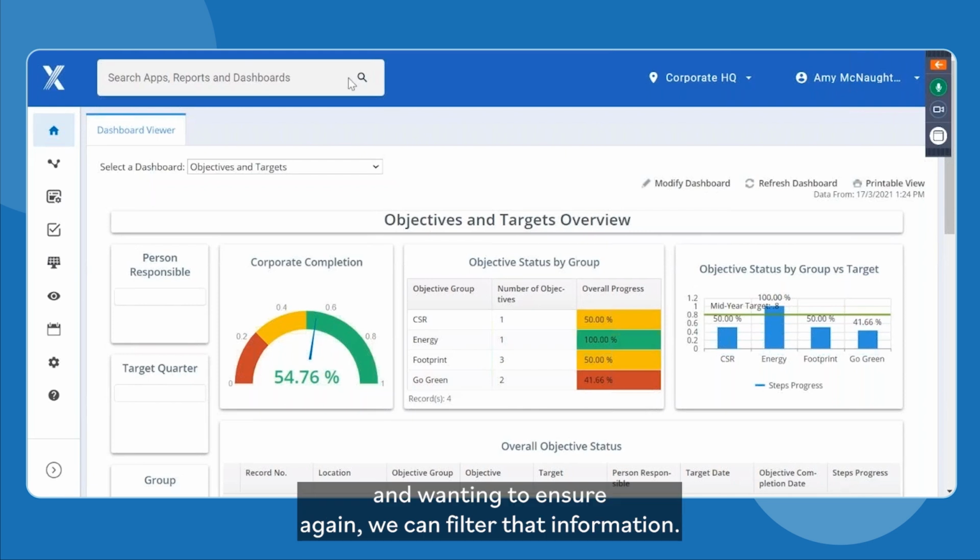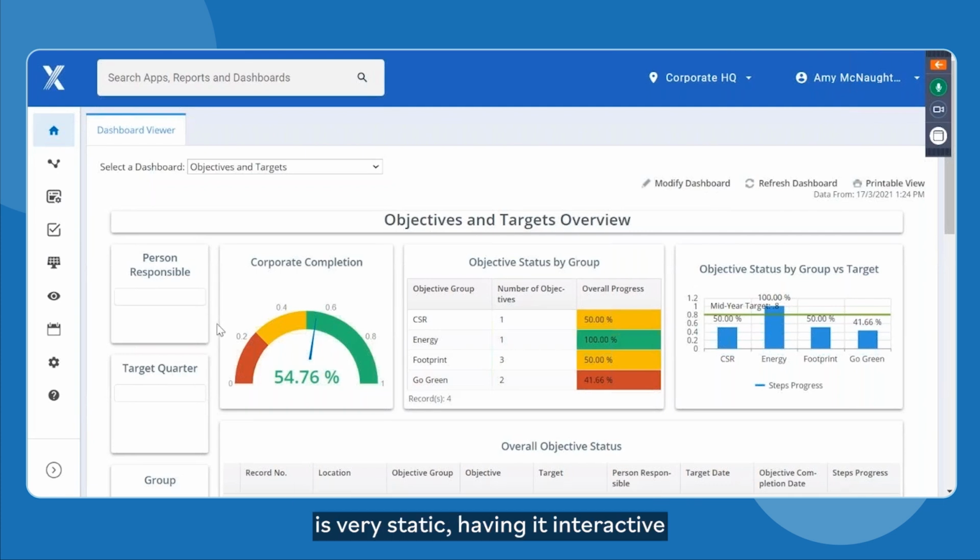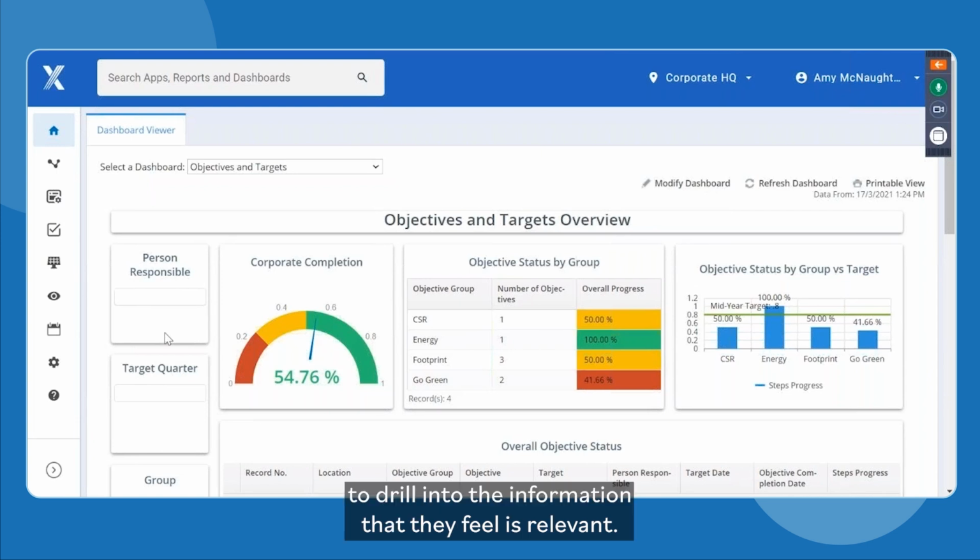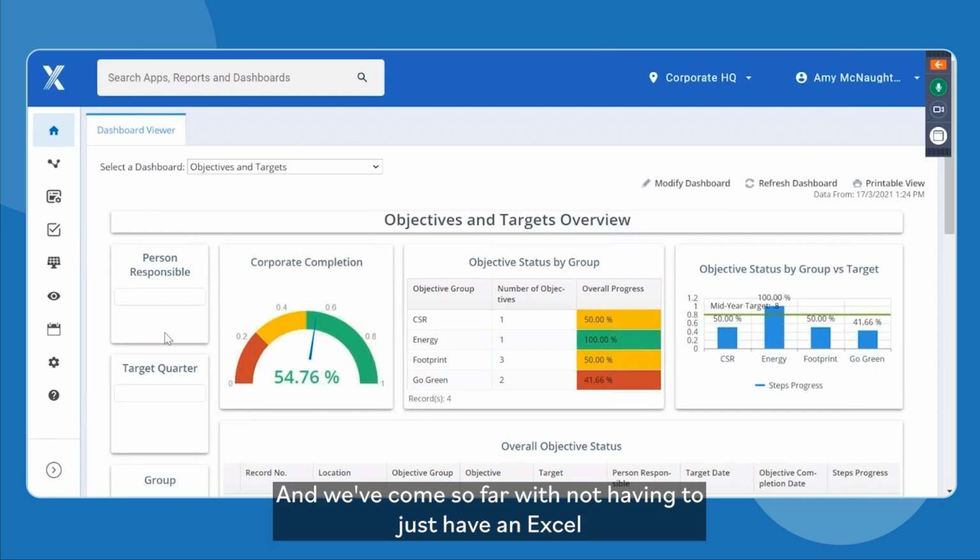And wanting to ensure, again, we can filter that information. So having just a static chart, like Lauren had mentioned, right? Data is very static. Having it interactive makes the employee feel like they are able to drill into the information that they feel is relevant. And we've come so far with not having to just have an Excel where then I've got to change a column to look at it in a different way.